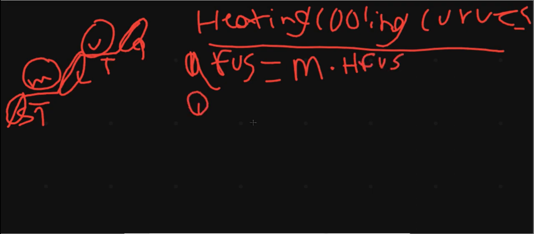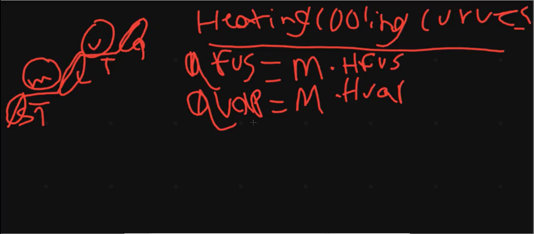Whereas the Q of vaporization, same thing: the heat energy required to do vaporization or evaporation equals the mass times the heat of vaporization. Now that we know these, let's get into a couple of examples.